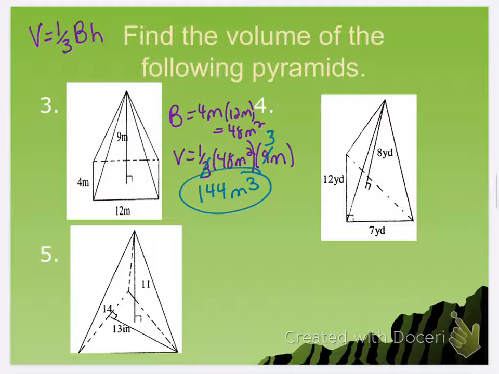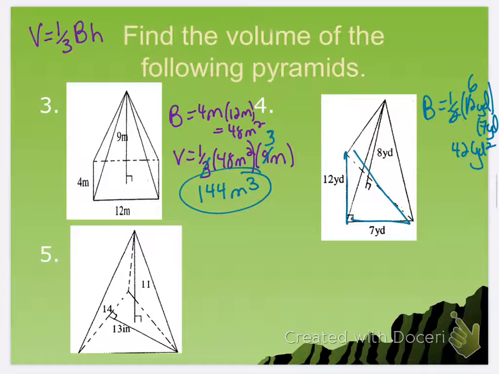Let's go over to 4. You see our base here is a triangle. So our base area equals 1/2 base times height, which is 12 yards times 7 yards. Half of 12 is 6. 6 times 7 is 42 yards squared.